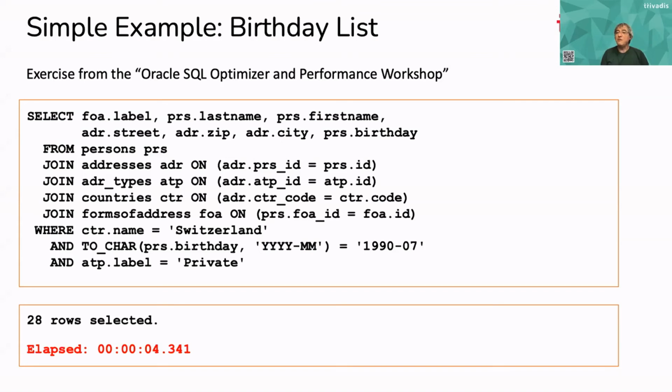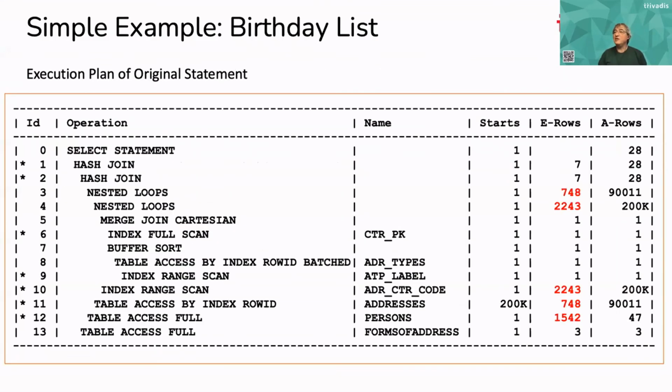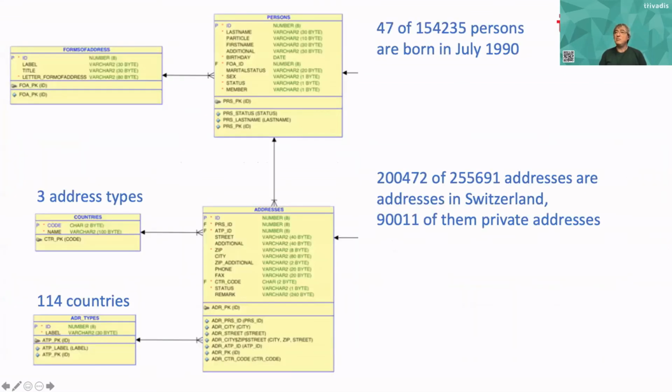This query runs for a couple of seconds just to select 28 rows. And the reason for that is that the estimations of the optimizer are wrong compared to the actual rows, so what is really returned in each step.